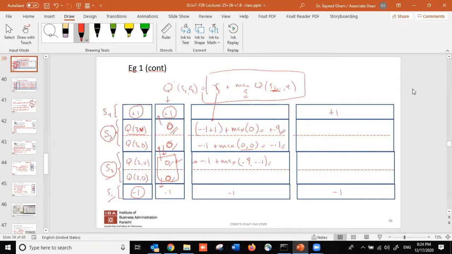And what are the Q values there? We're looking at both the possible actions. If you go up from here, the Q value is currently 0.9. If you go down from here, the Q value is negative 0.1. So you're basically taking the maximum of 0.9 and negative 0.1. So what's the answer? 0.8.